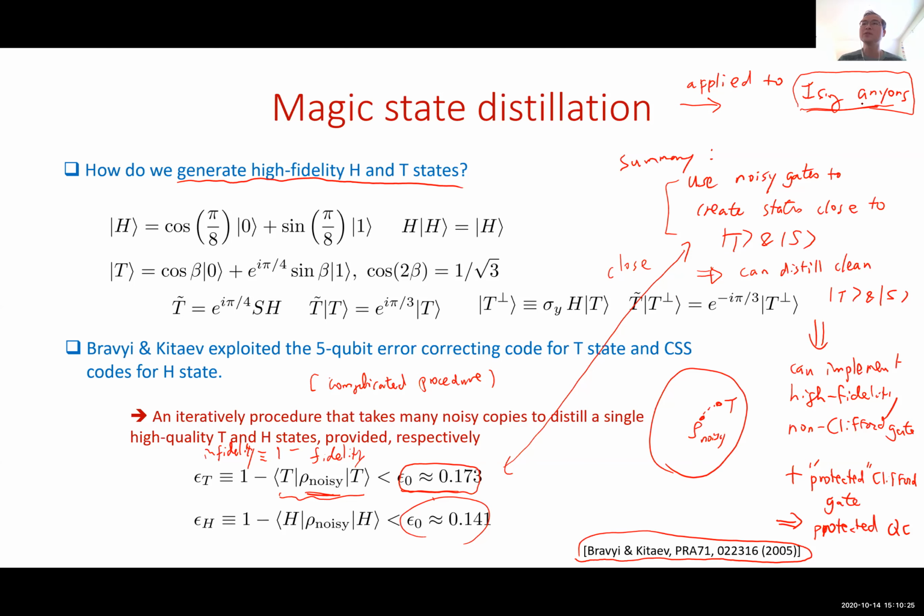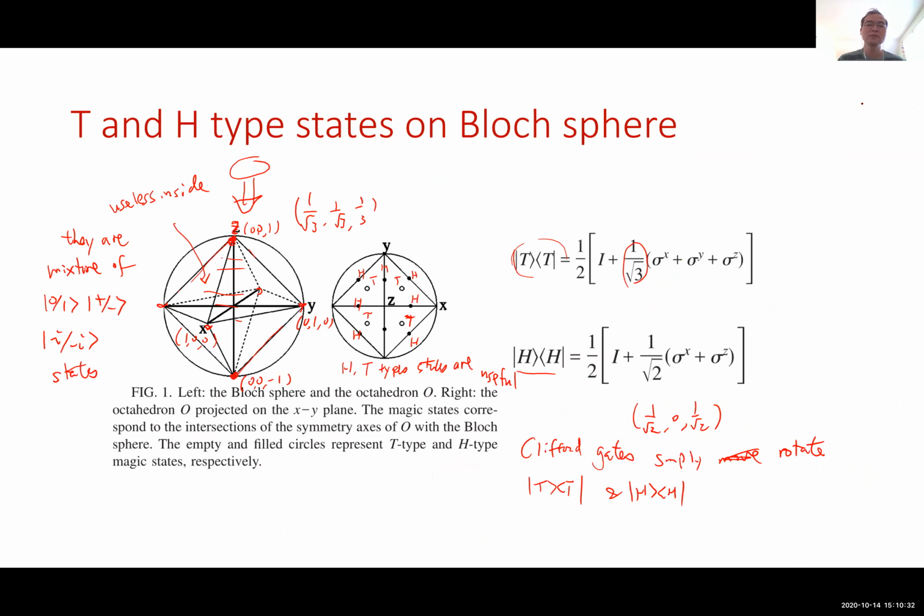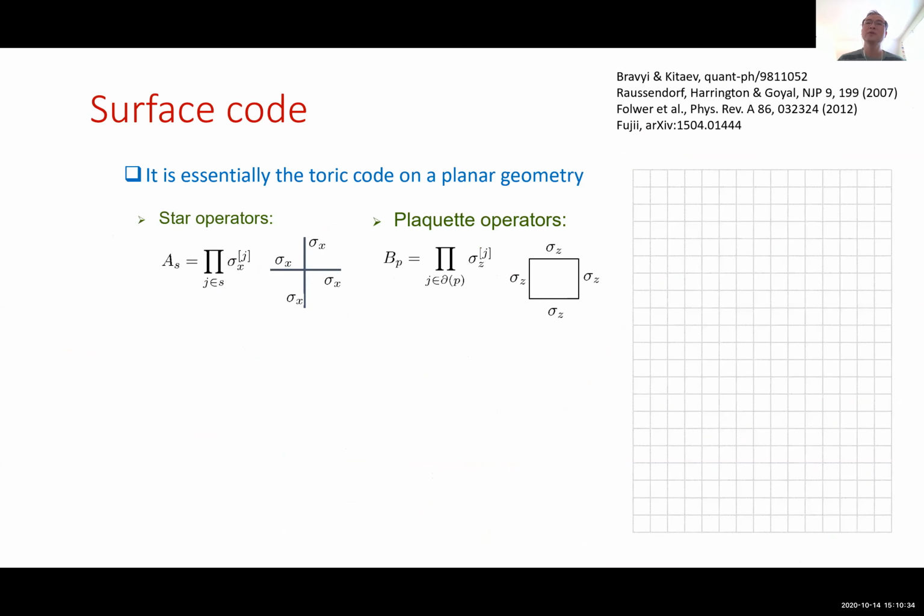Any further question? Okay. So next, I want to move on to surface code. Surface code has the issue similar to the Ising anyon, that their gate set does not include any non-Clifford gate.